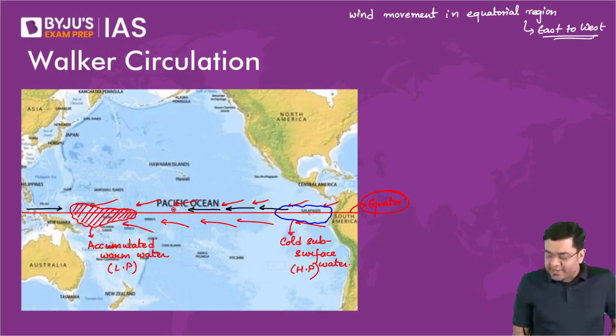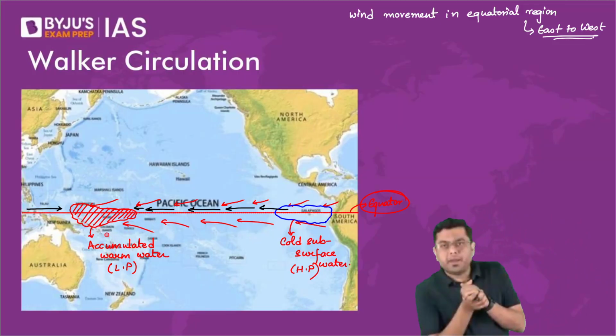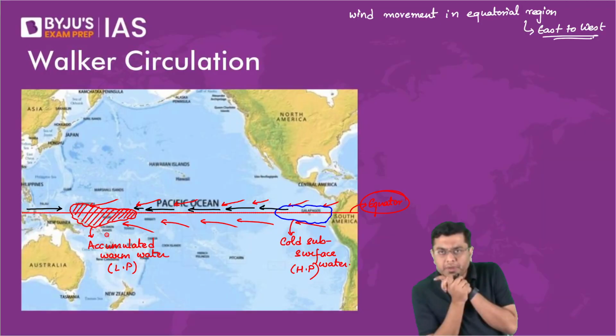Now as the winds come here at the region of equator, what do you think will happen? The winds, as they come and converge around this low pressure, where will they go? Will they go to Japan? Will they go to Australia? Where will they go? They will rise up. Simple, right?